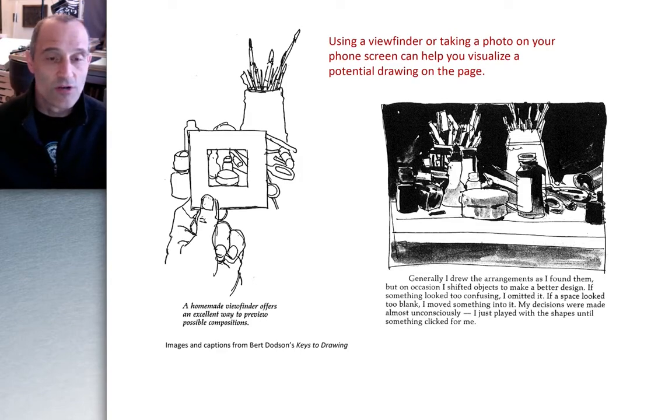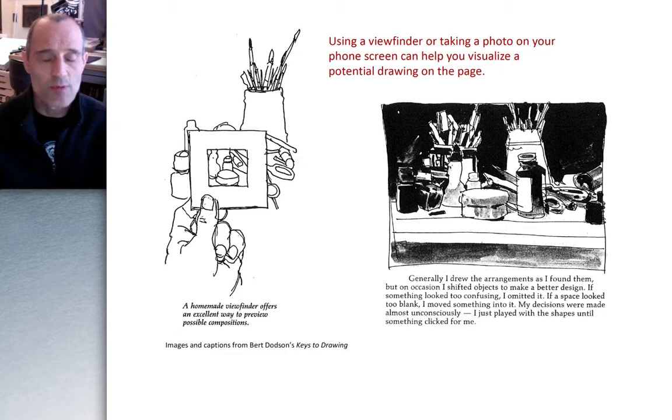One is to take the viewfinder that you made for our negative space drawings. It's a 4 by 4 inch window, and we can make that larger to a 4 inch by 5 inch window. And we can use that to help us visualize how much of whatever we're looking at we want to be on our drawing, right?